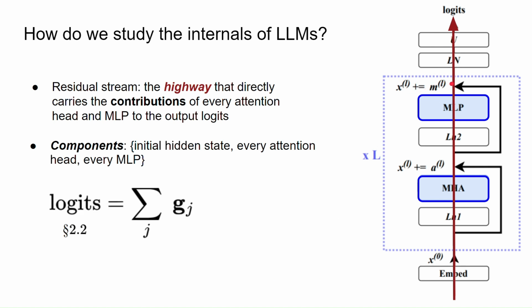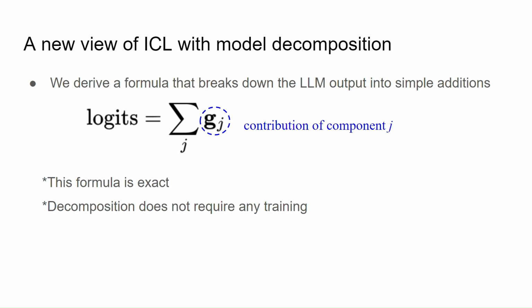And in our paper, we show that we can further decompose the layer norm and derive a formula that the output logits is equal to the sum of the contribution of every component. Note that this is a mathematically equivalent formula for the model's output logits, and the decomposition itself does not require any training.